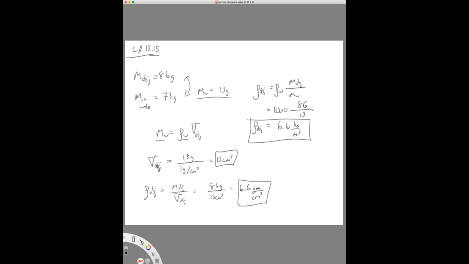So if we did it that way, using density in kilograms per cubic meter, we get 6.6 times 10 to the third kilograms per cubic meter. These are equivalent units: 6.6 times 10 to the third kilograms per cubic meter, or only 6.6 grams per cubic centimeter. Okay, any questions?